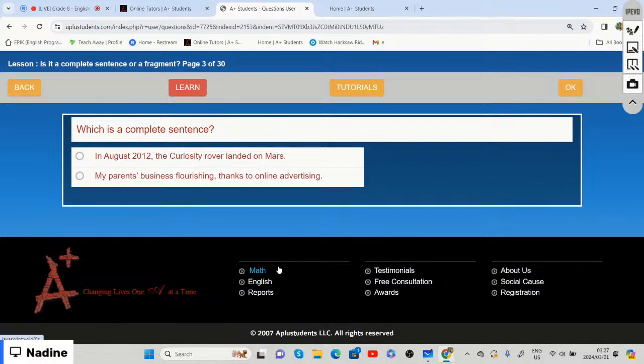We need to select a complete sentence once again. It says in August 2012, the Curiosity rover landed on Mars, or my parents' business flourishing thanks to online advertisement. So we need to select the correct answer.